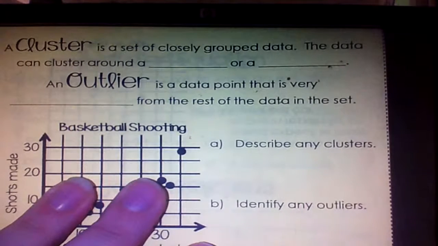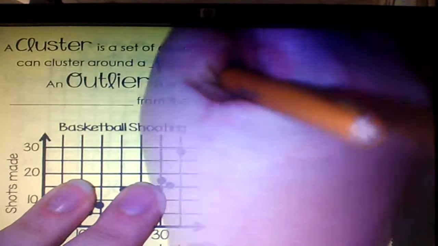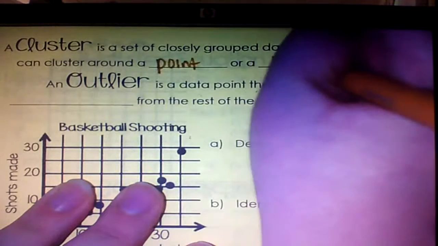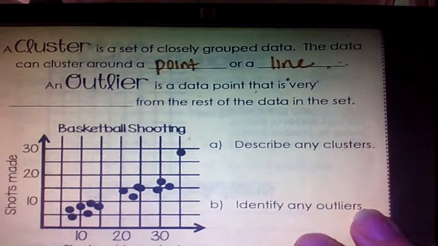The data can cluster around a point or a line. And then we have an outlier.